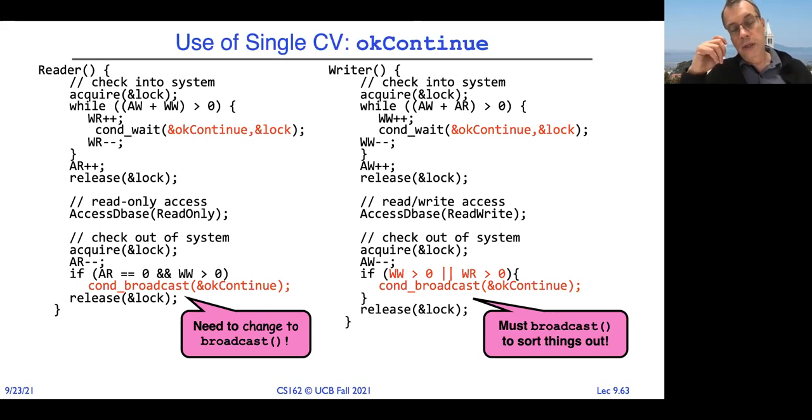So actually the priority is still enforced by the while loop conditions. But it is not enforced in the sense that you can wake up a reader when you shouldn't have woken it up. And this can lead, again, to deadlocks without changing the code and being more liberal in broadcasting the okay continue.